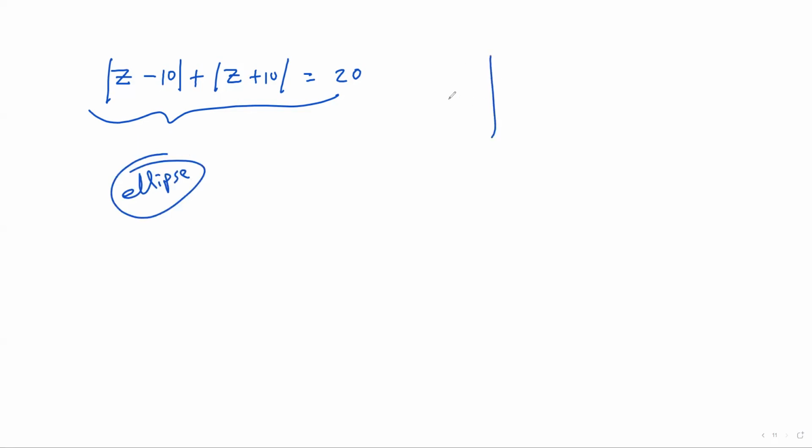But we can skip the calculation and make a conceptual argument like this. Here we have z minus 10 and here z plus 10. So this means the distance of our point from 10. Say this is the point, then this is modulus of z minus 10 and this is modulus of z plus 10.